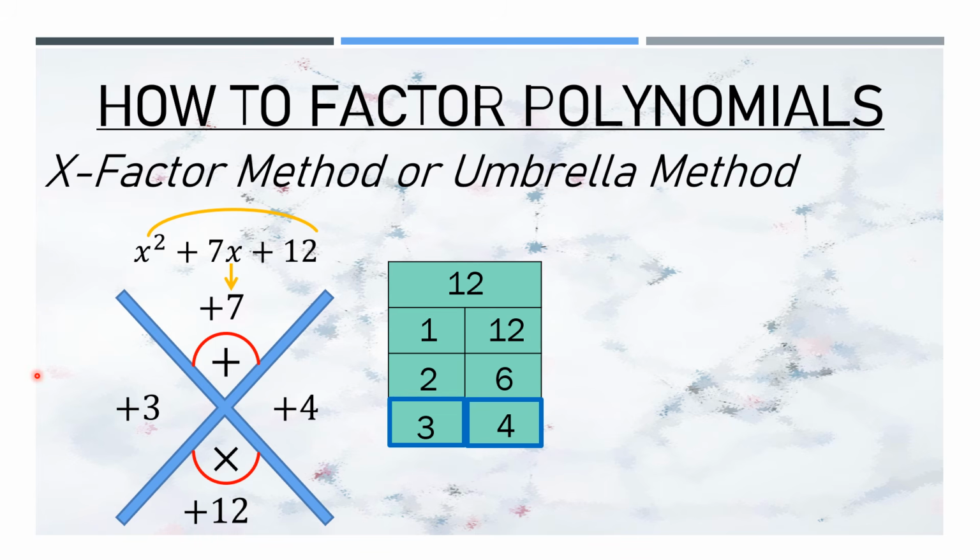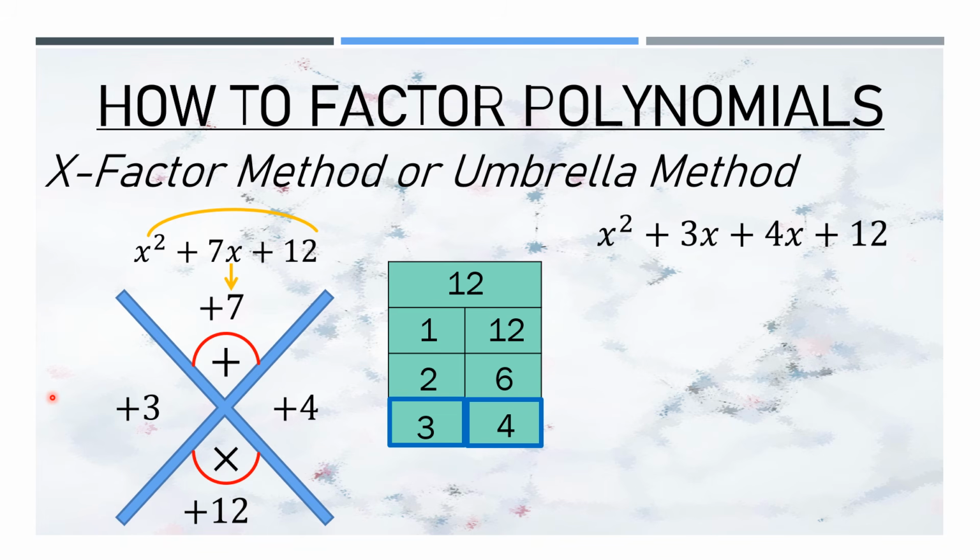Now, kailangan na nating ayusin ang nakuha nating mga sagot into polynomials. So, ang gagawin lang natin is this one: x squared plus 3x plus 4x plus 12. Hindi na natin ilalagay yung 7 dahil ang positive 3x at positive 4x ay equal sa positive 7x.